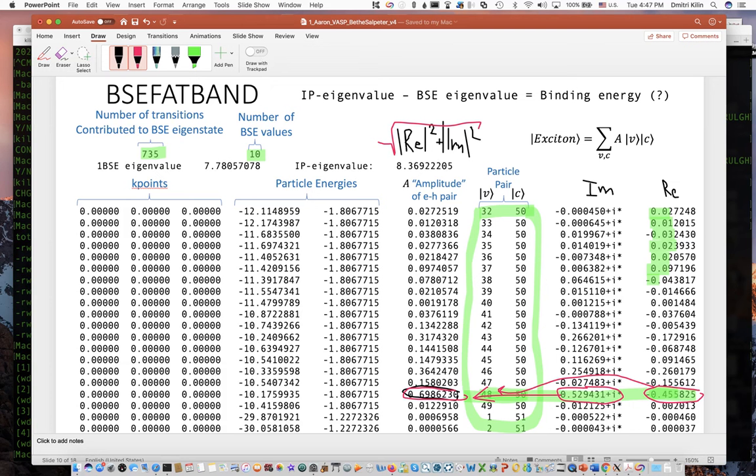So yeah, that's essentially the structure of this output file. And so to answer your question about transition density, it would be possible to take these particle pair columns and then plot them as a density.